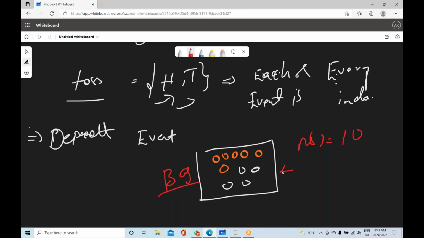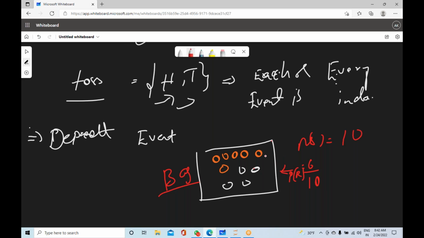First we did one particular operation. The operation is the probability of picking the red ball. When you are picking the red ball, how many red balls do we have, guys? Total 6 balls, right? By 10. So this is my probability of the red ball.